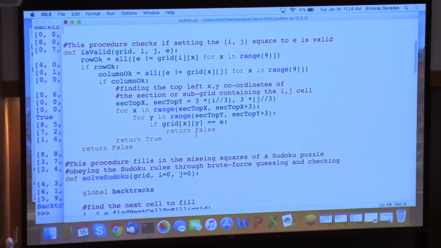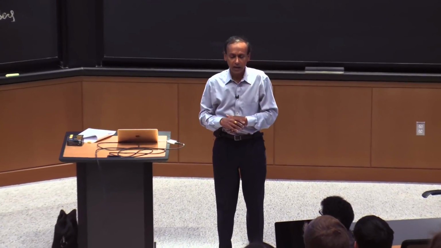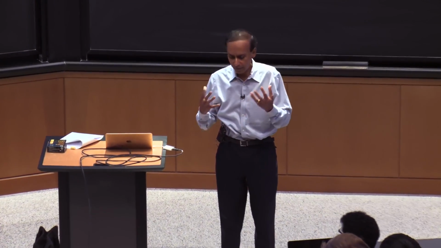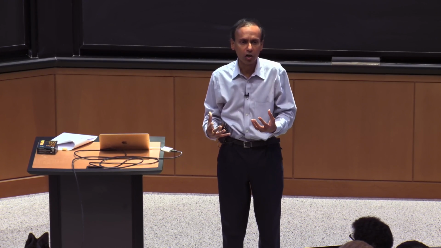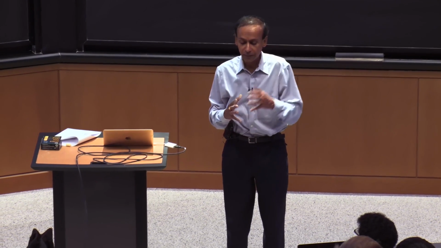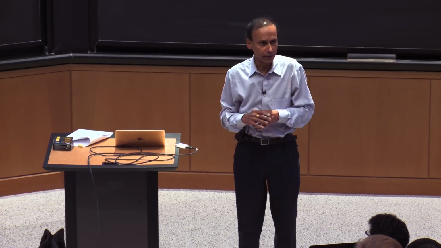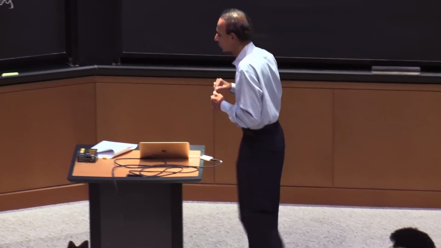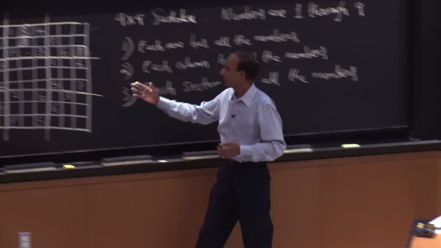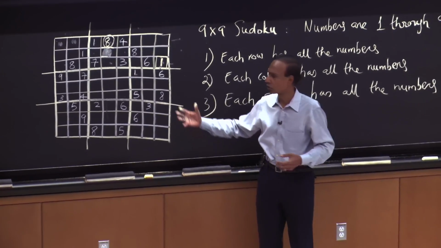Generally with exhaustive search, the key procedure is always: do you have a valid solution or not? And you may not have a complete solution. Think of it as a partial configuration, right? So this is a partial configuration that is valid. It's not a complete solution to the Sudoku puzzle.